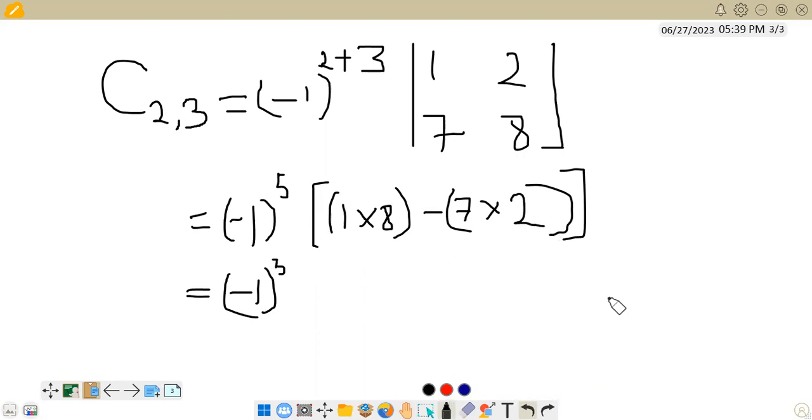So it will be 8 minus 14, which will be -6.